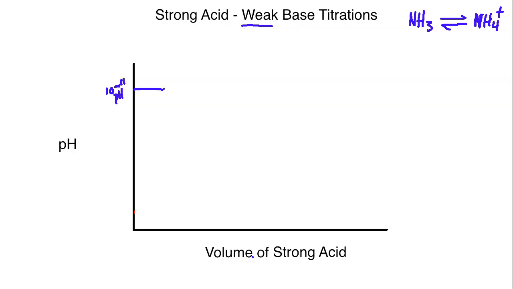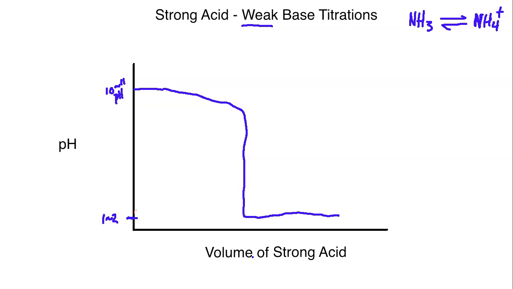So when you do this, you're going to see a gradual decrease, and then suddenly it's going to tail off into a slope, and that's when we hit our equivalence point. And it's going to go pretty far down before it levels off here. And again, when it levels off, the pH here is probably going to be around 1 to 2.